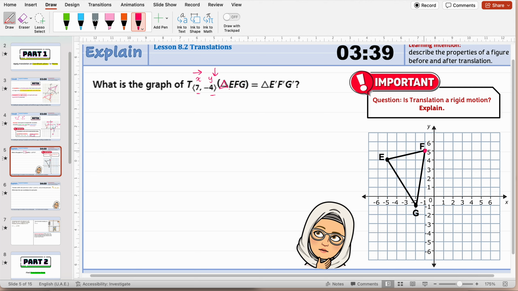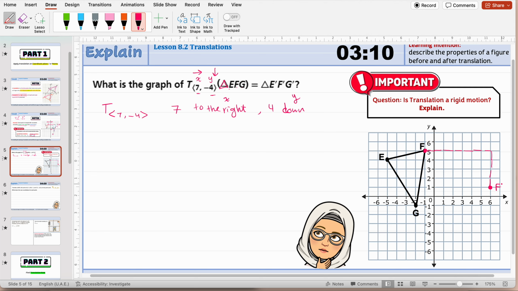Starting with F. I'll translate 7, negative 4. Negative 4 means what? 7 to the right and 4 down, sorry, because we're talking about y. Here is x, okay? So yeah, let's do it. 1 2 3 4 5 6 7, then 1 2 3 4.